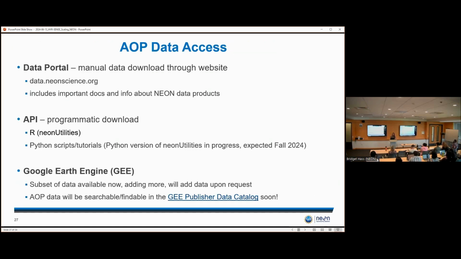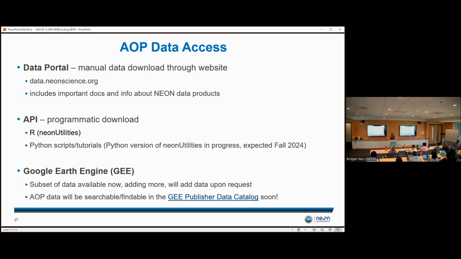Okay. I just wanted to highlight how you can access the AOP data, and then hopefully we'll get into a couple of short demos. So AOP data is available through the NEON data portal, as well as an API, so you can programmatically download data using R or Python. We're creating a Python package to do this, and there's already a nice R package.